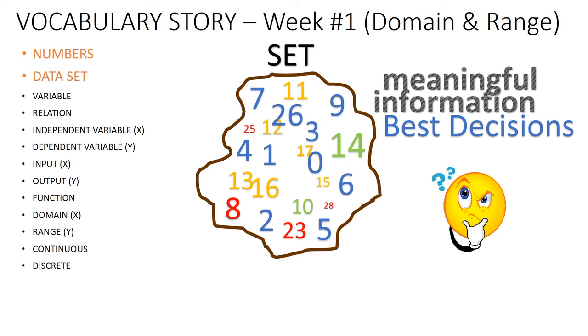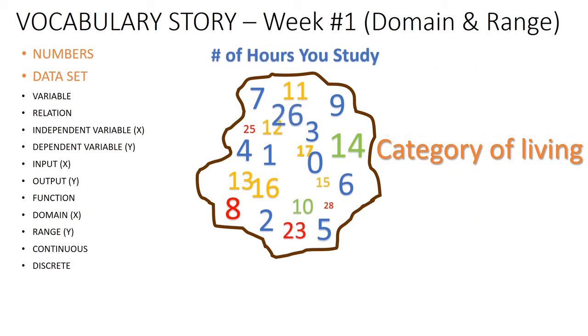A data set is a category of our living that can be represented by a set of quantitative values, aka numbers. For example, the number of hours you study would be a part of your everyday life that can be represented by a set of numbers.